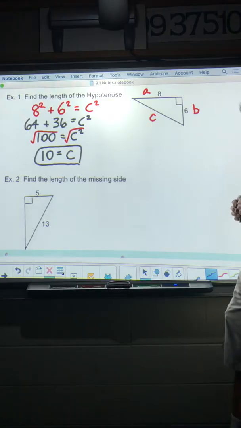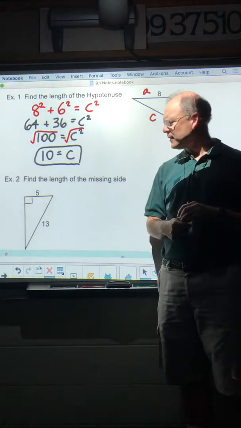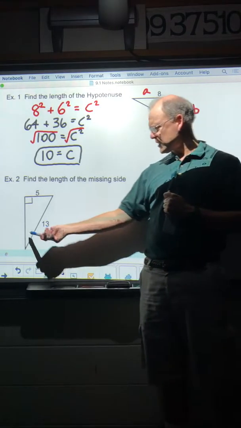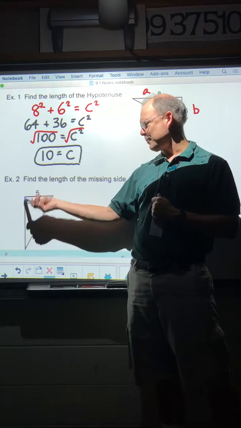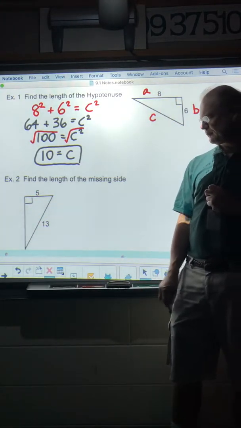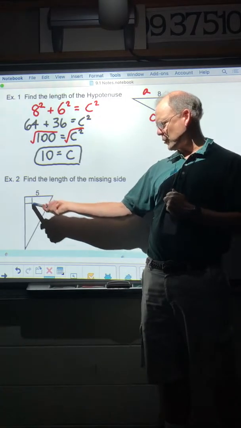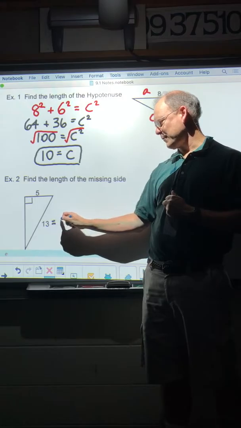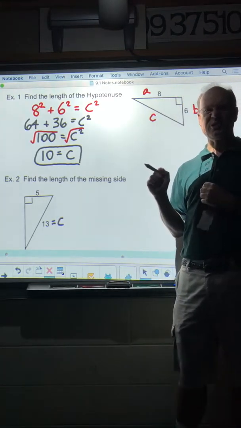Example 2. Find the length of the missing side. Okay, so is this missing side the hypotenuse or is that a leg? Remember, the hypotenuse is always across from the right angle. So in this case, the hypotenuse is 13.